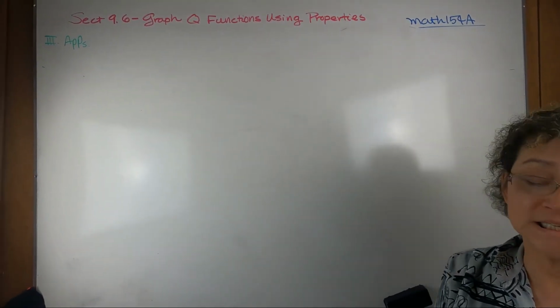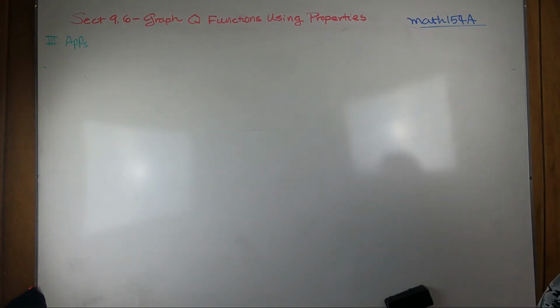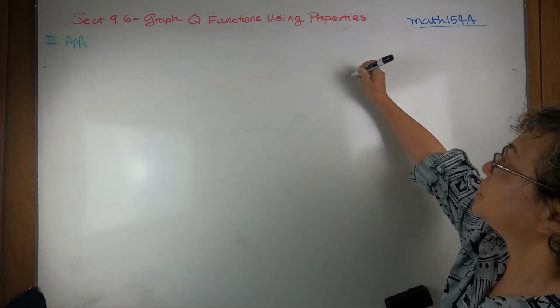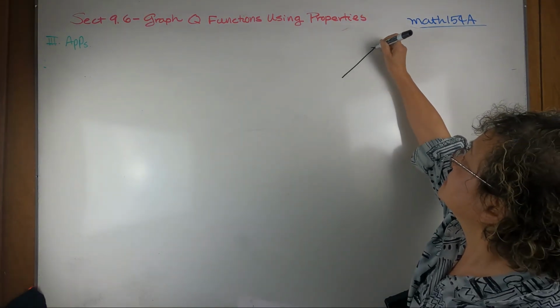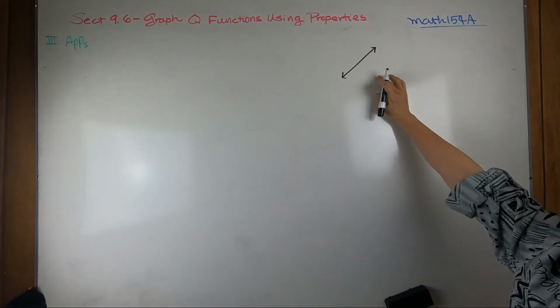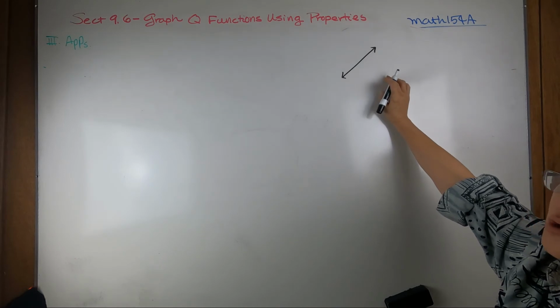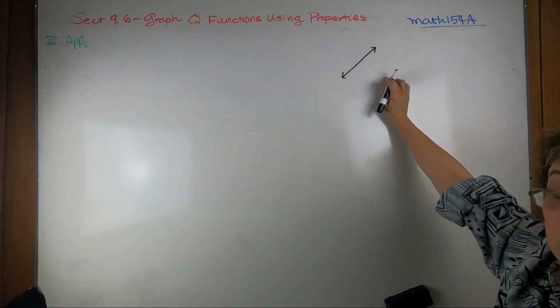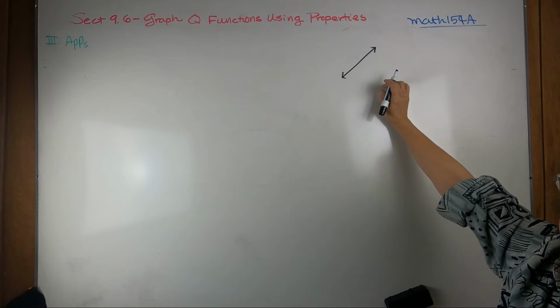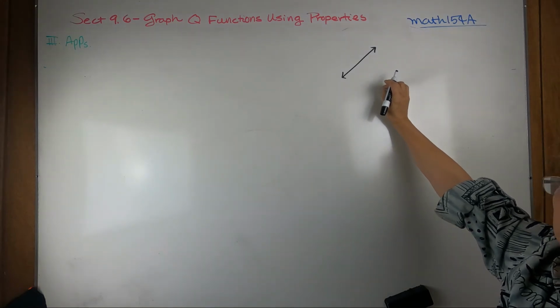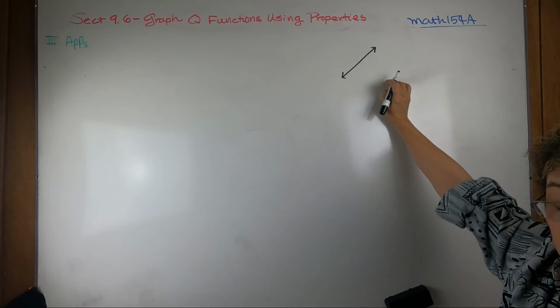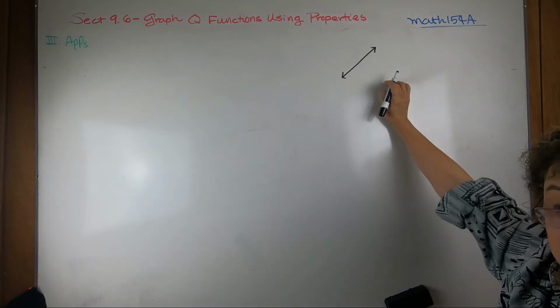Okay, let's see some applications for the quadratic functions, right? You might think you don't care. Probably you do, okay? So what we have been learning in the 152A class is to graph a straight line. Why should we care about straight lines? Because of line of sight.